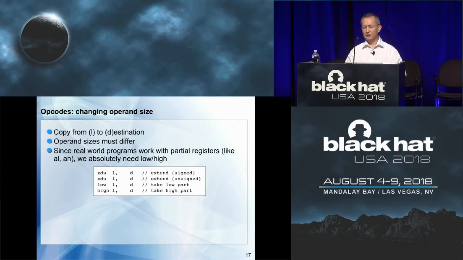For that, we have 4 instructions: extend with sign or extend with zero fill, and take low or high parts of an operand. And here, as in any other instruction, the left and destination operands can be anything. It can be a register, it can be stack, it can be global memory, or even more complex things.